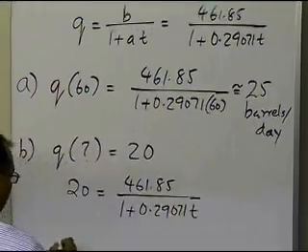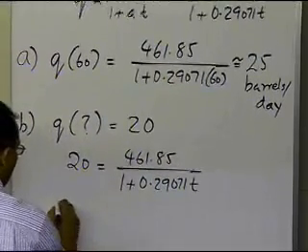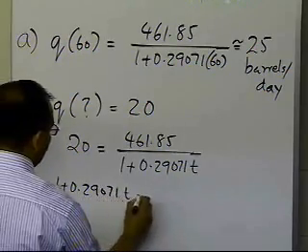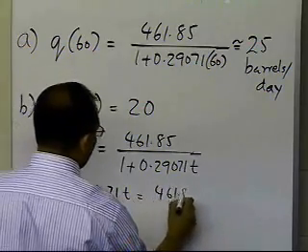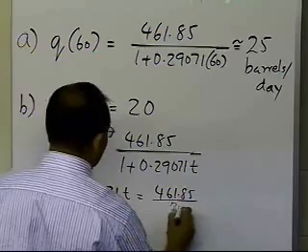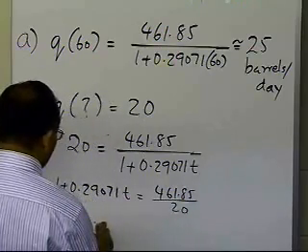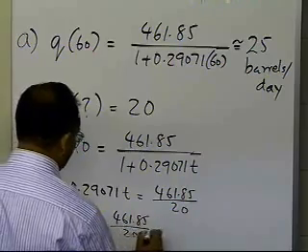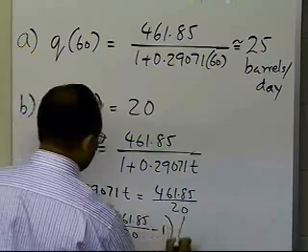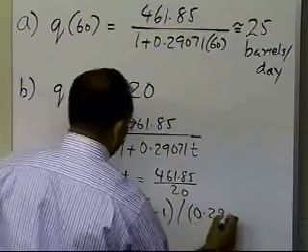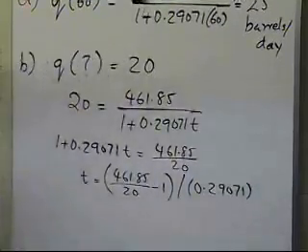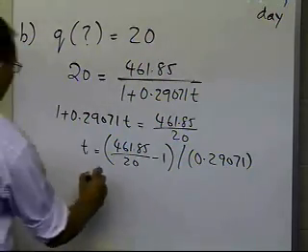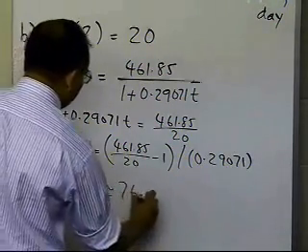From here I can find out what t is: 1 plus 0.29071 t is equal to 461.85 divided by 20, and t will be equal to 461.85 divided by 20 minus 1, all divided by 0.29071. That's simple algebra, and this time turns out to be approximately 76 months.